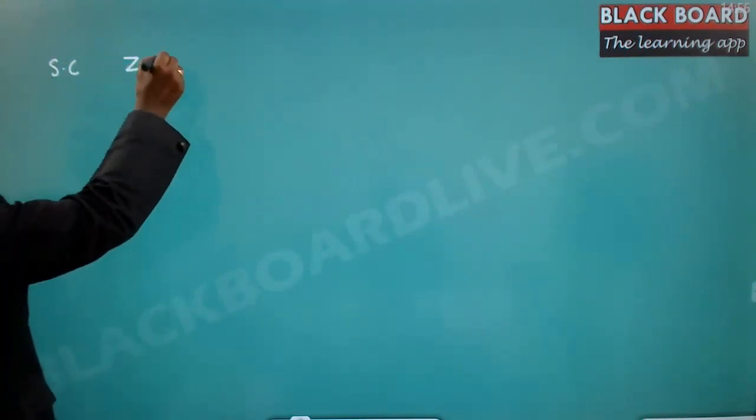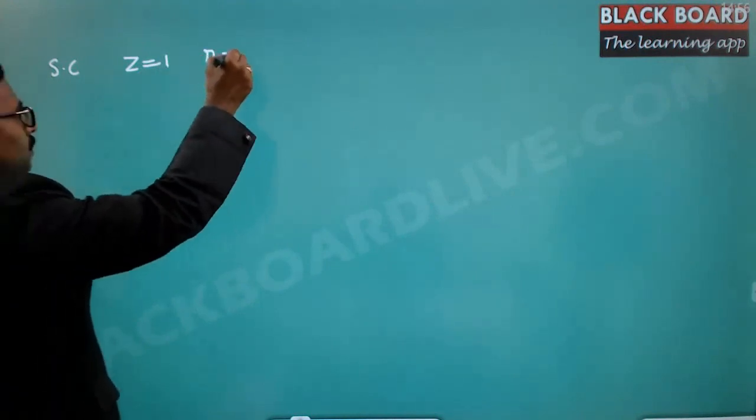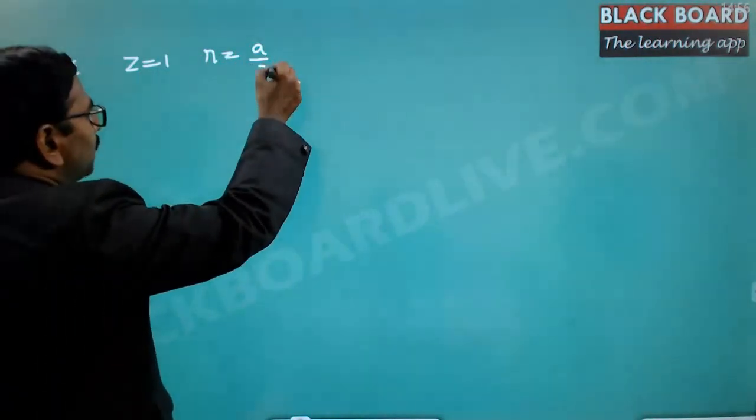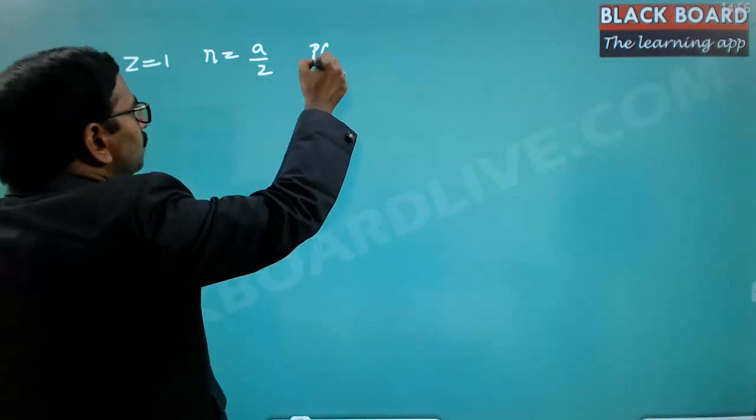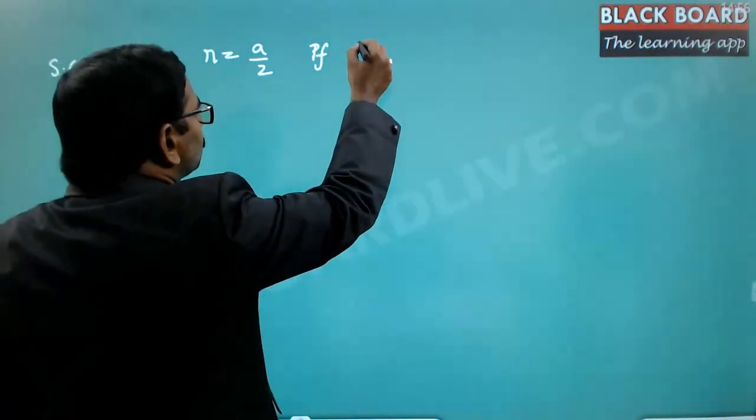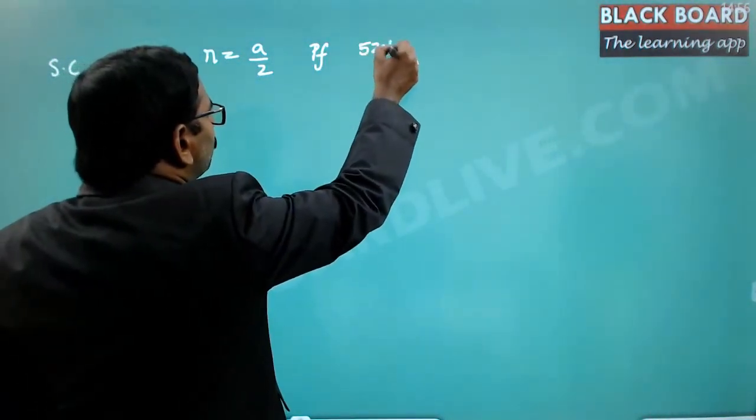For simple cube, Z is equal to 1, radius is equal to A by 2, packing fraction is equal to 52.4%.